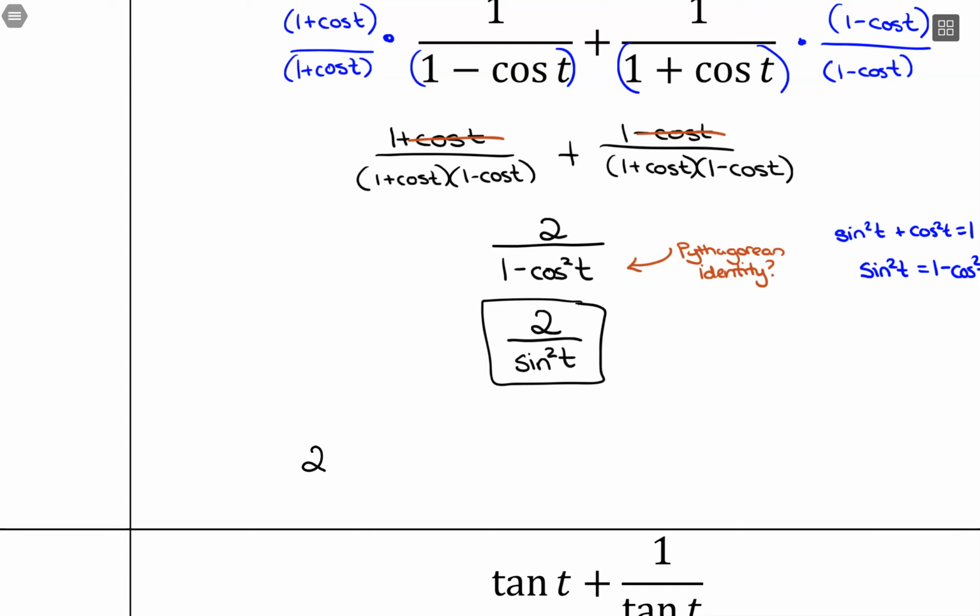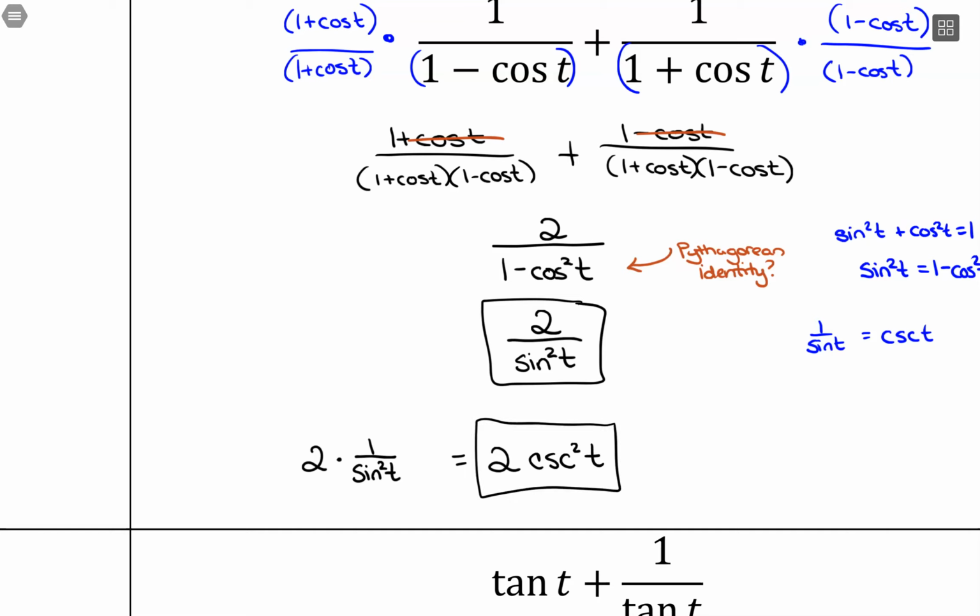So what I could do is think of this as 2 times 1 over sine squared of t. And 1 over sine, remember 1 over sine is equivalent to cosecant. And it's the same thing for when you have a variable there. So really this is the same thing as 2 times cosecant squared of that variable t. So that is also a simplified form.